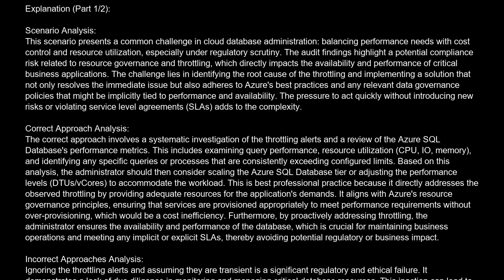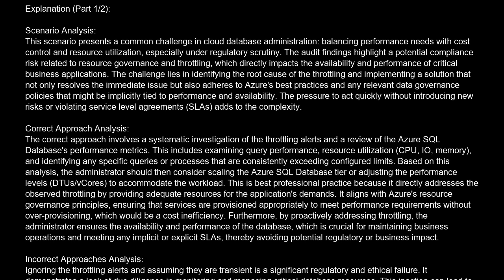The challenge lies in identifying the root cause of the throttling and implementing a solution that not only resolves the immediate issue, but also adheres to Azure's best practices and any relevant data governance policies that might be implicitly tied to performance and availability. The pressure to act quickly without introducing new risks or violating service-level agreements, SLAs, adds to the complexity.